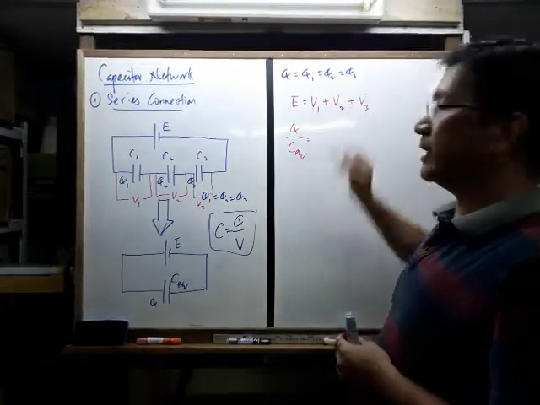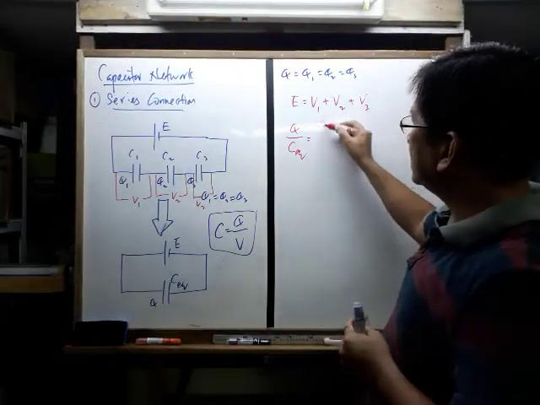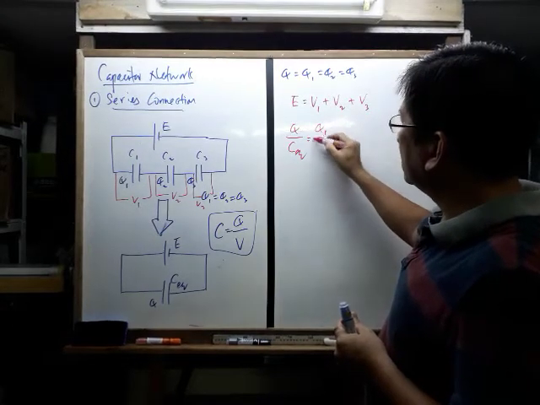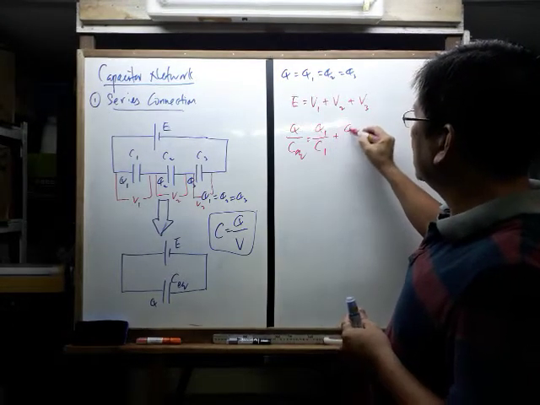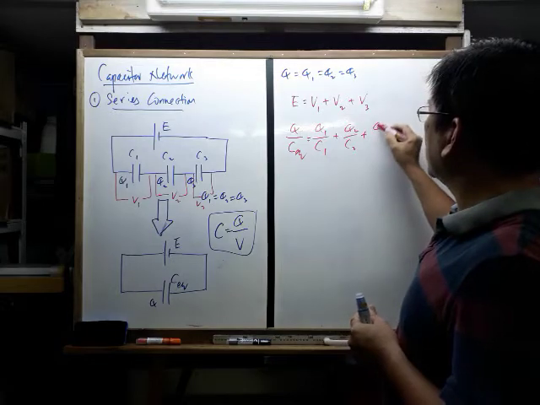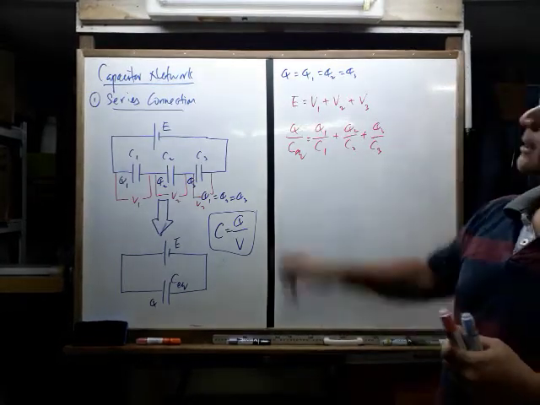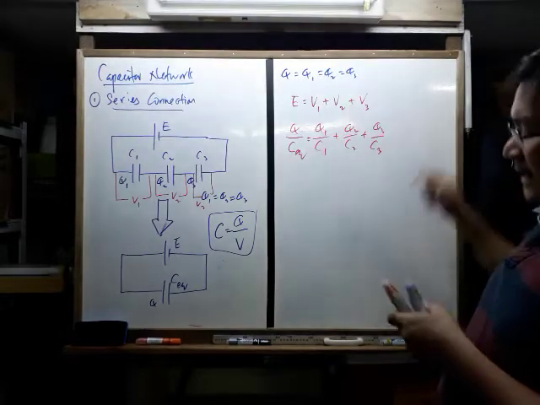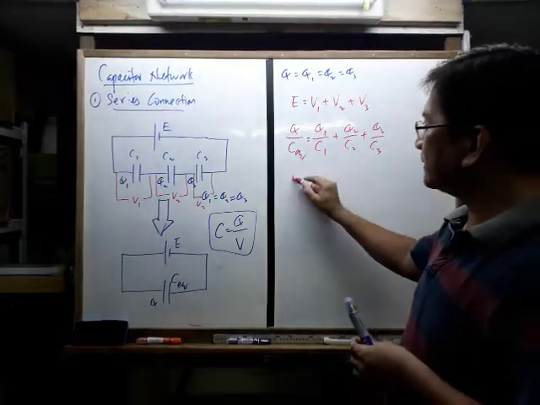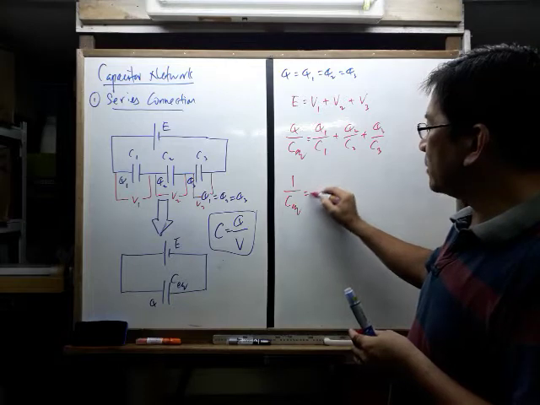And the same thing happens to V1, V2, and V3. These will be Q1 over C1, Q2 over C2, and Q3 over C3. Since all the Q are the same, we can cancel them. So finally, we have something that looks simple like this.